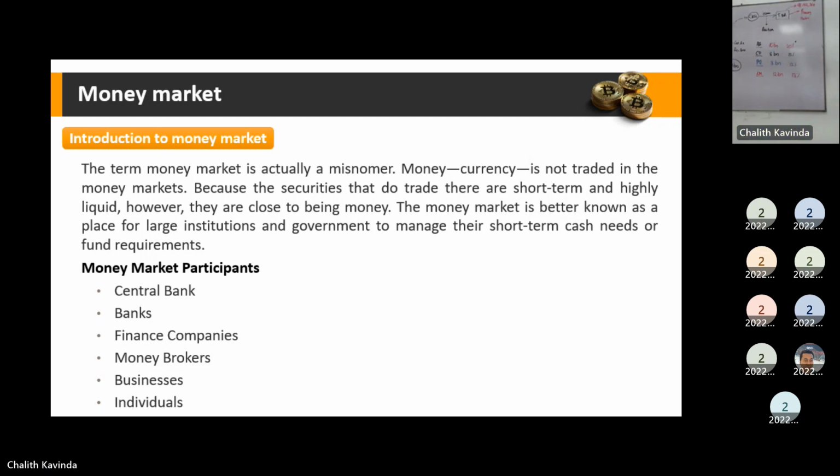Accept? PQ, 3 billion at an interest rate of 12%. Accept? Yes. Okay, good. Bank LM, 12 billion at an interest rate of 13%. Accept?